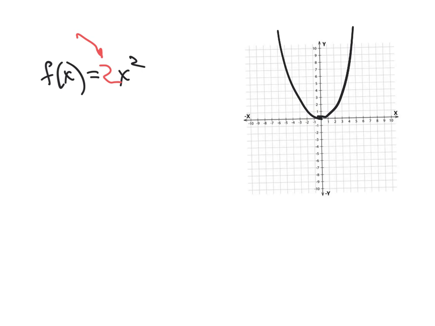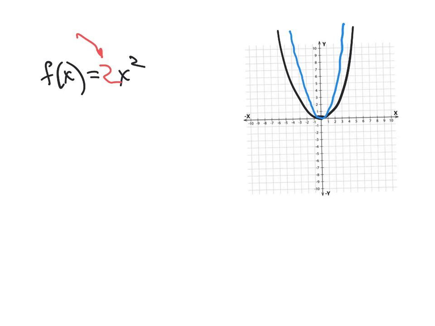And what happens when you multiply is it changes the fatness or the thinness of the parabola. So when we have a scale factor of 2, it ends up making our parabola thinner. Okay, it seems like it would do the opposite, but that's not the case.